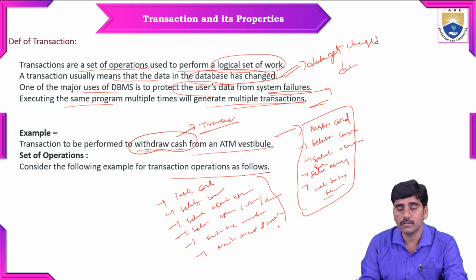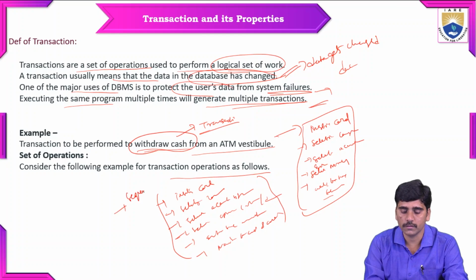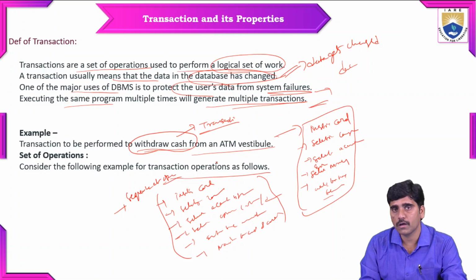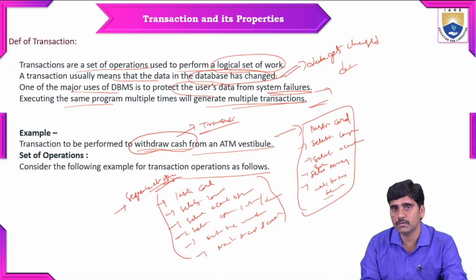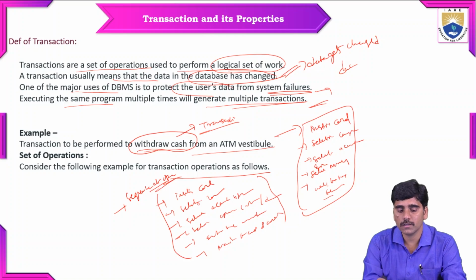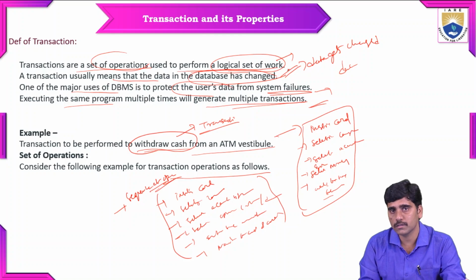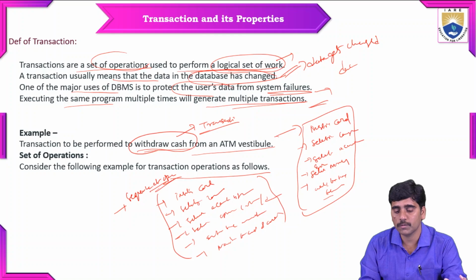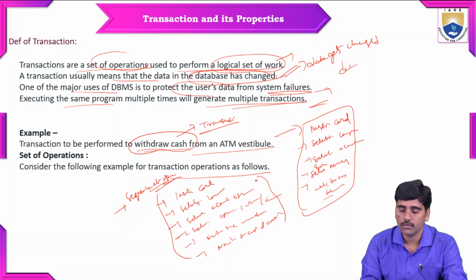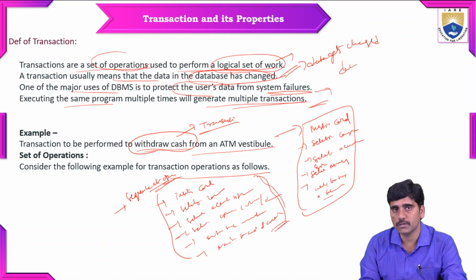These are all nothing but a sequence of operations. That means if you want to withdraw cash from an ATM machine, you need to complete all these operations. That's why transactions are a set of operations that are used to perform a logical set of work. To complete the withdrawal task, we need to complete all these operations.